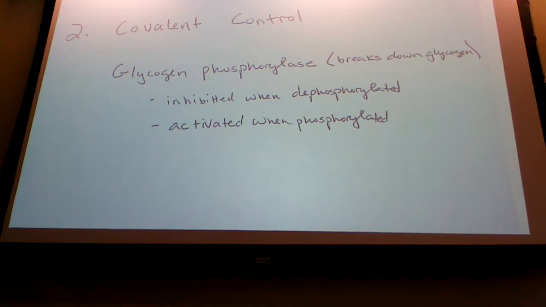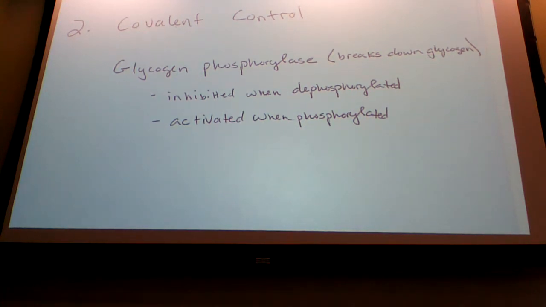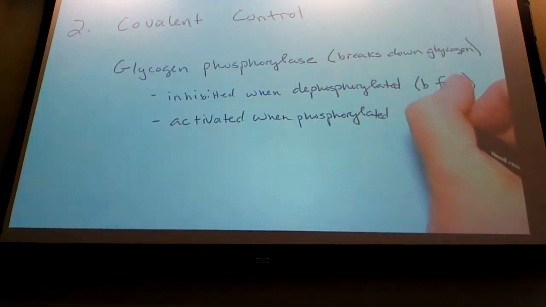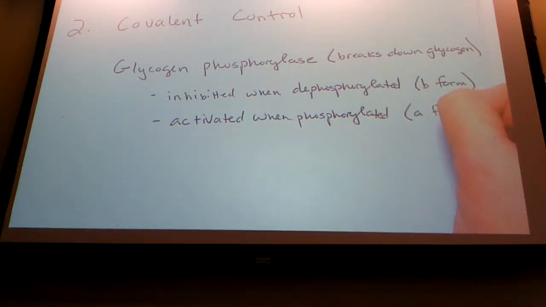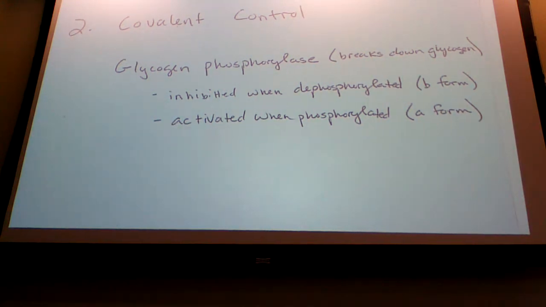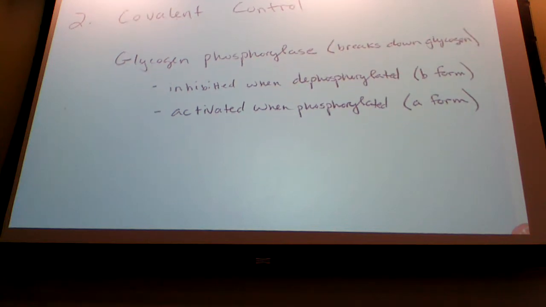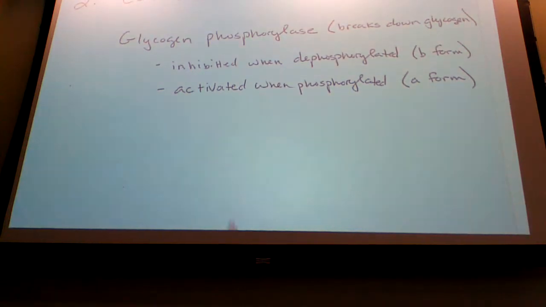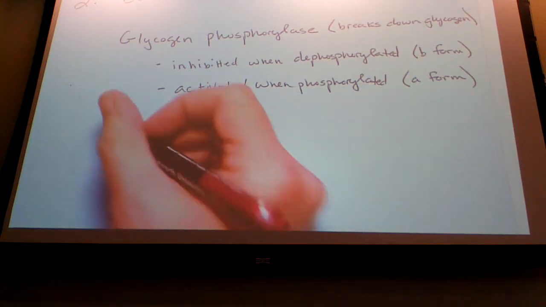In general, your A forms and your B forms, the book talks about A forms and B forms, the Sapling Helmer talks about A forms and B forms. Your B form is the inactive form, and the A form is the active form. So what's kind of the opposing enzyme to glycogen phosphorylase? Glycogen synthase.